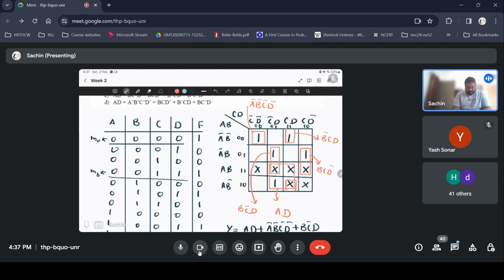So you take all the minterms that give you 1 and simply add them up.